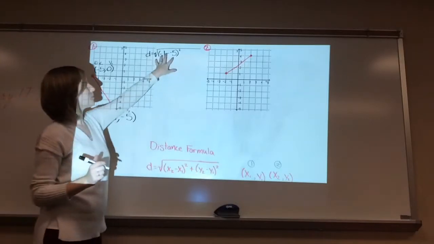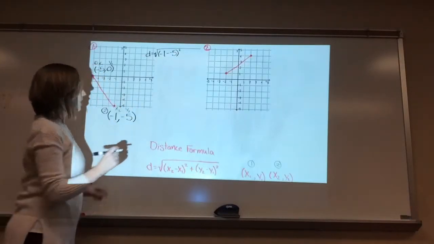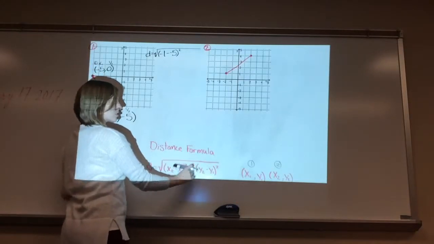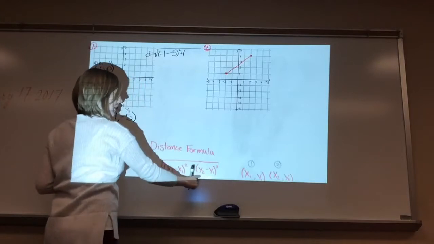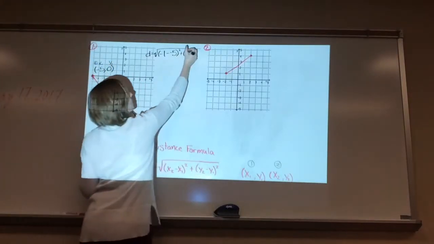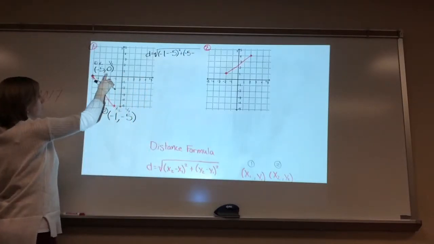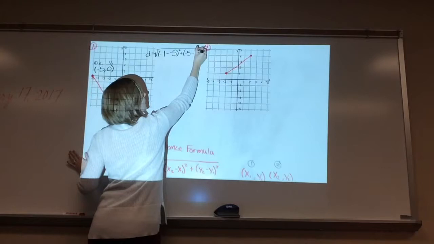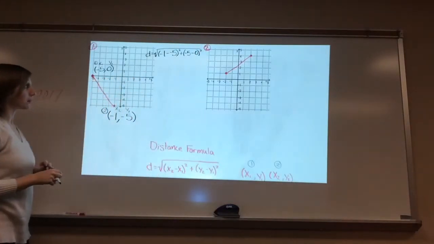After we've done what's inside the parentheses, we will take it to the second power, so don't forget that exponent. Next, we have an addition sign in our formula, so we'll put plus, parentheses again, y2, which is -5. I'll plug that into my parentheses, and we're subtracting from that y1, which is 0. Again, end the parentheses and raise it to the second power.